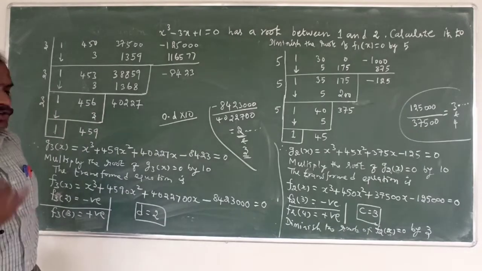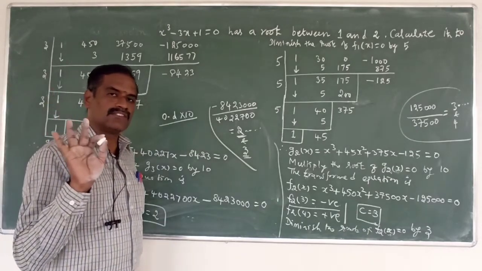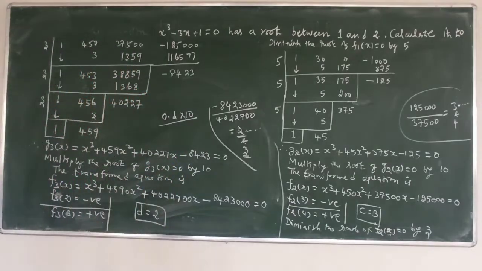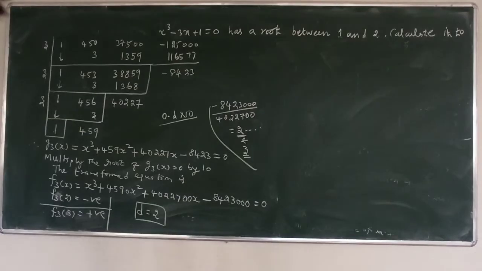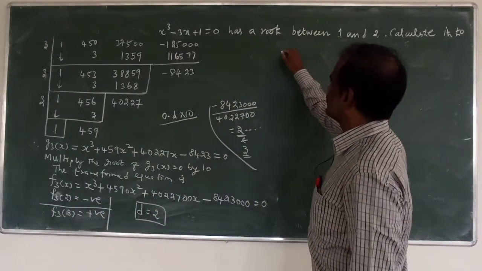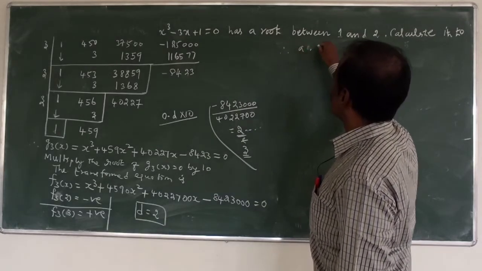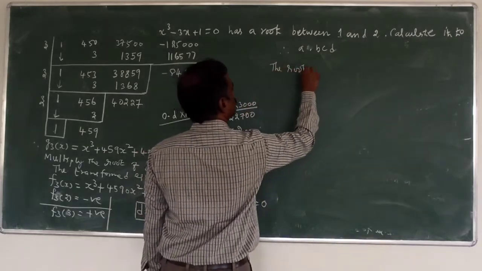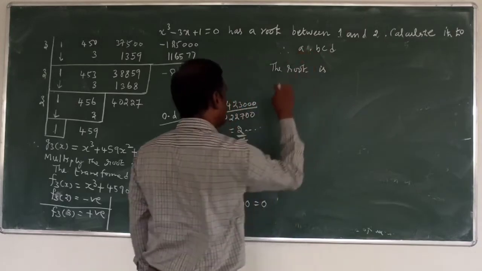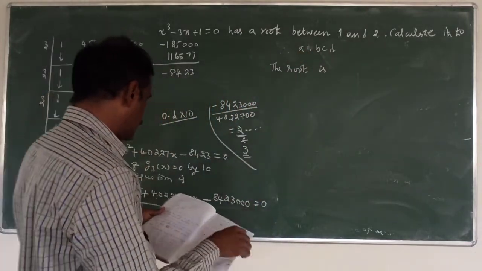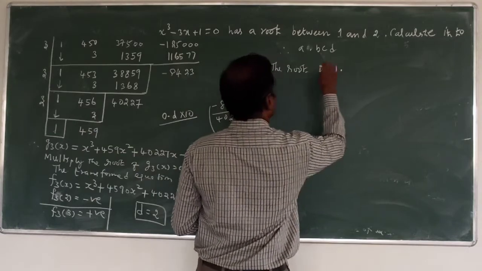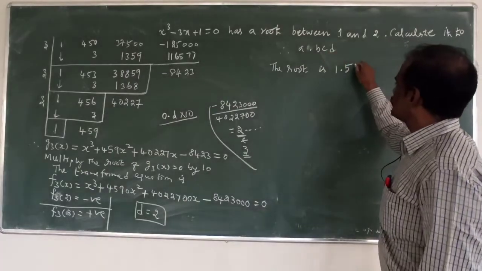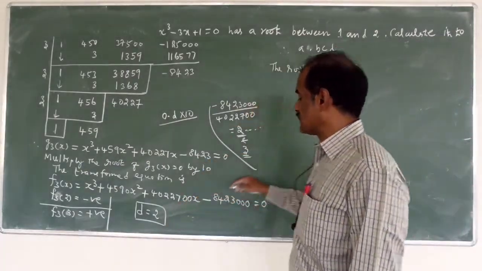Now a value we have found out, b value, c value and d value. And finally we have to write the result A dot B C D. Now the root is A value, we already found out A value 1 point, and B value 5 and C value 3 and D value we already found out 2.